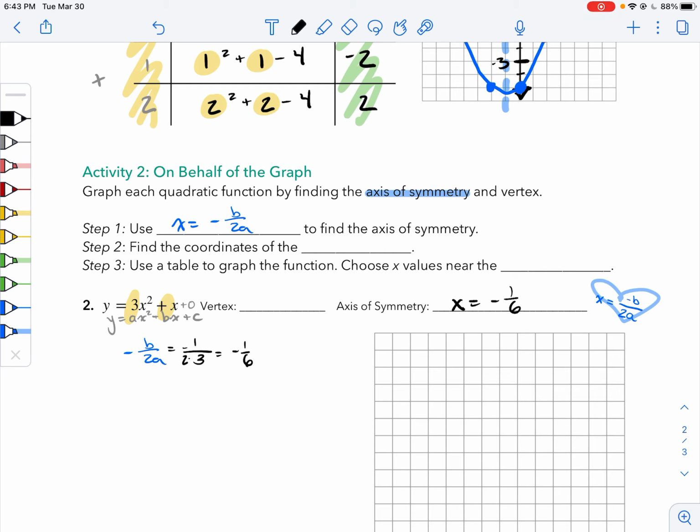And now we're going to find the coordinates of the vertex. Remember that the vertex always lies on the axis of symmetry. So our vertex is going to be at negative 1/6 because x equals negative 1/6. Now we just need to figure out what's our y.